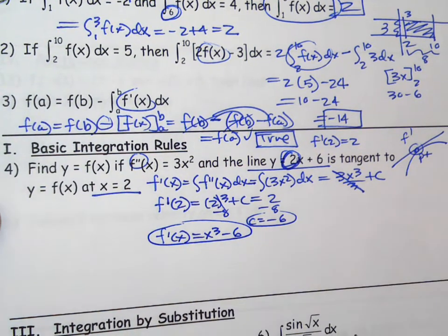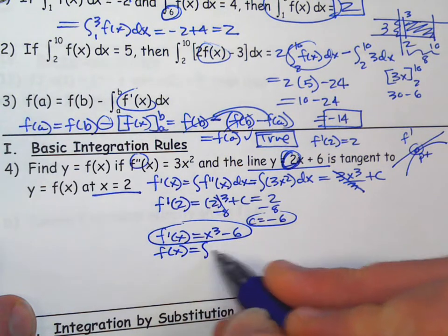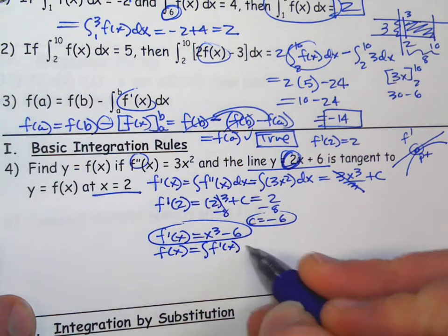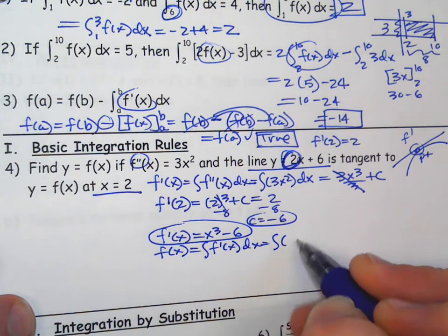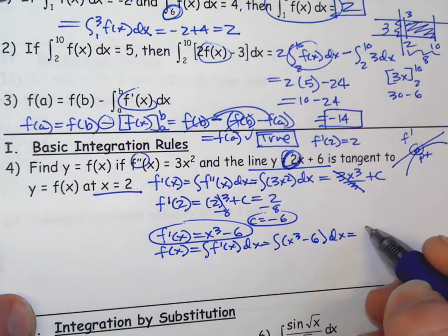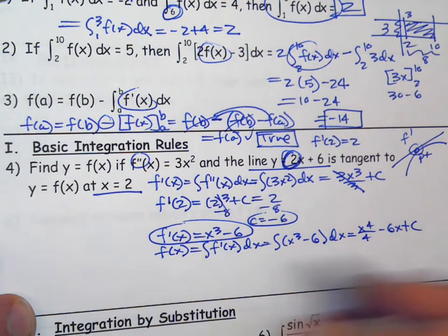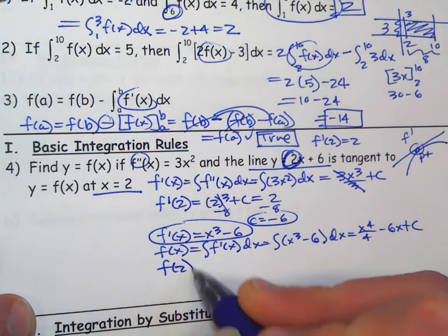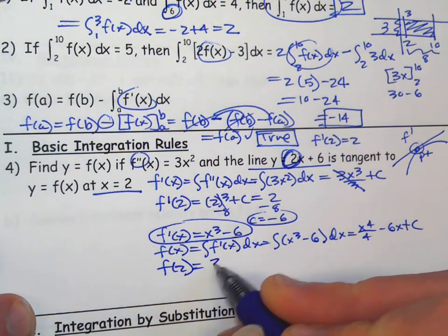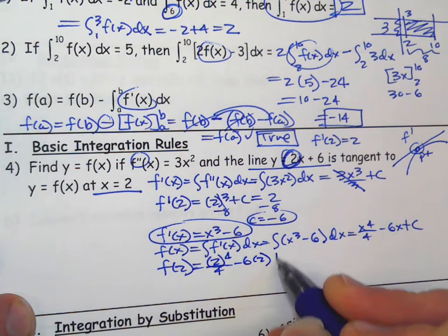So we're halfway there. So then we're going to integrate f prime to get f. It's going to be x to the 4th over 4 minus 6x plus c. This is a different c. We plug 2 in here: 2 to the 4th over 4 minus 6 times 2 plus c.